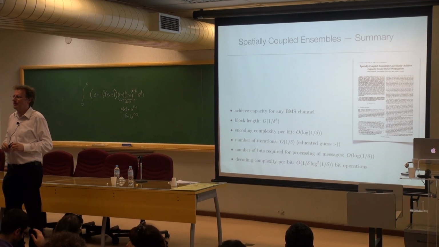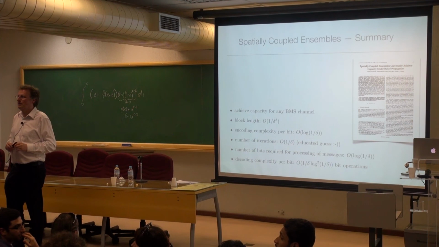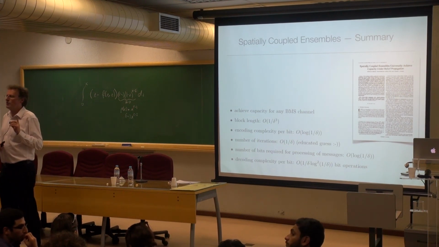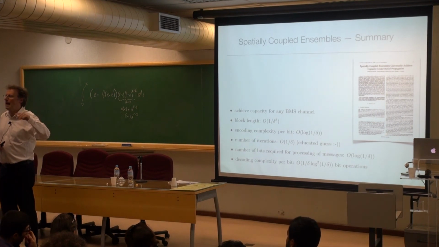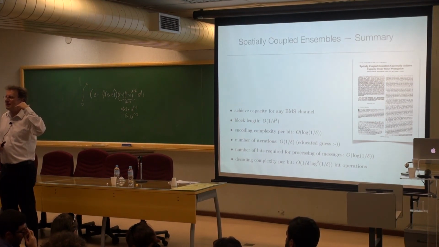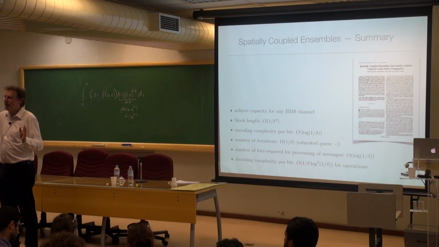You're saying universal. It doesn't mean that the device is fixed and does not know the transitions? So it's universal in the following sense: the code is universal. If you once construct the code, let's say the family is all the binary input memoryless symmetric channels with fixed capacity, you don't know which one beforehand, and then this code is universal.